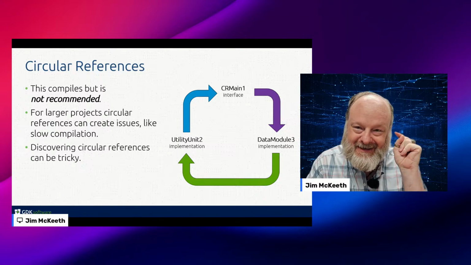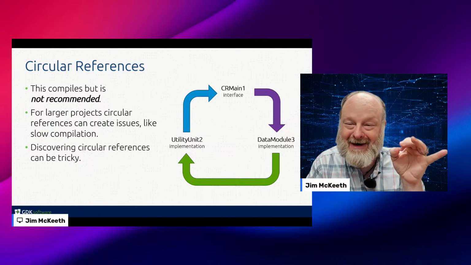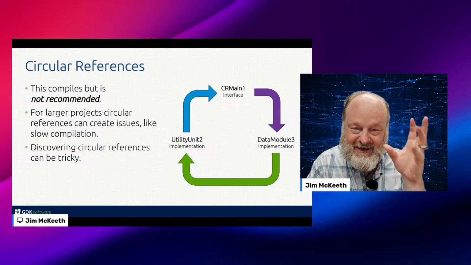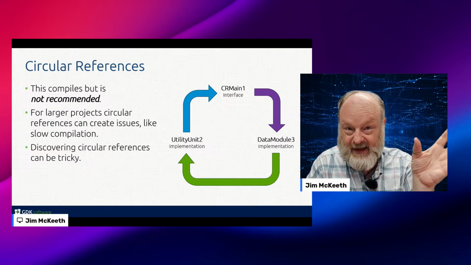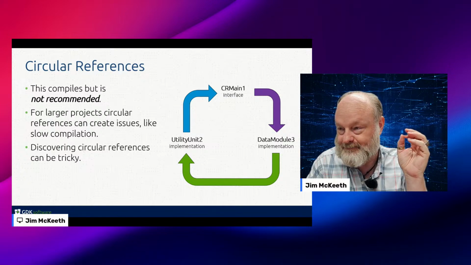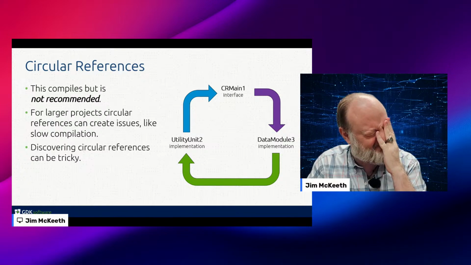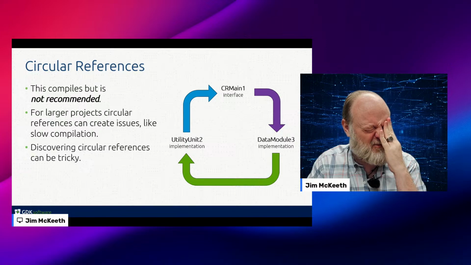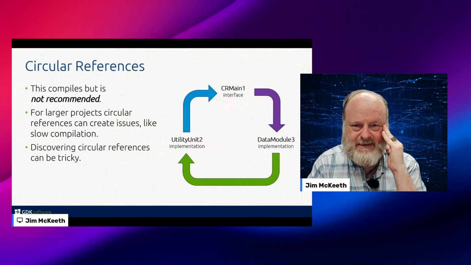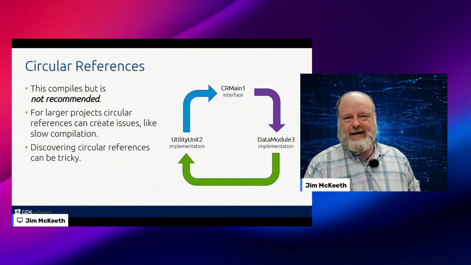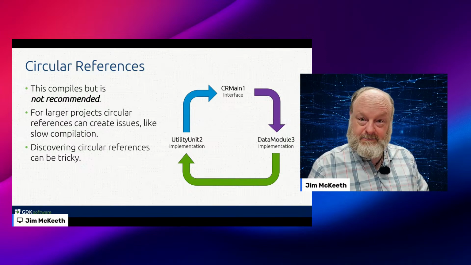Circular references. Bad idea. It does compile, but it's not recommended. For big projects, this can create a lot of headaches for you. I talked to William, I can't remember his last name, who wrote the book on working with legacy Delphi applications, and he said this is a really big thing that he sees.